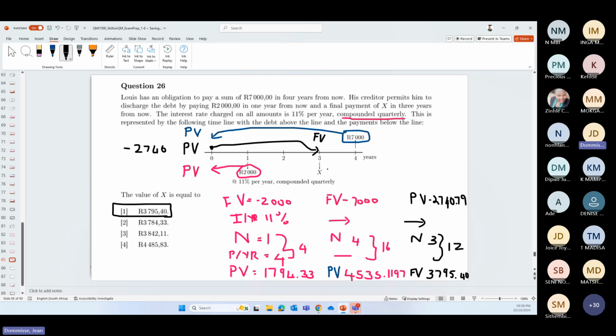But if I don't give a picture, also draw it for yourself, because with all the steps, it's very difficult to just see from the start what needs to be done.